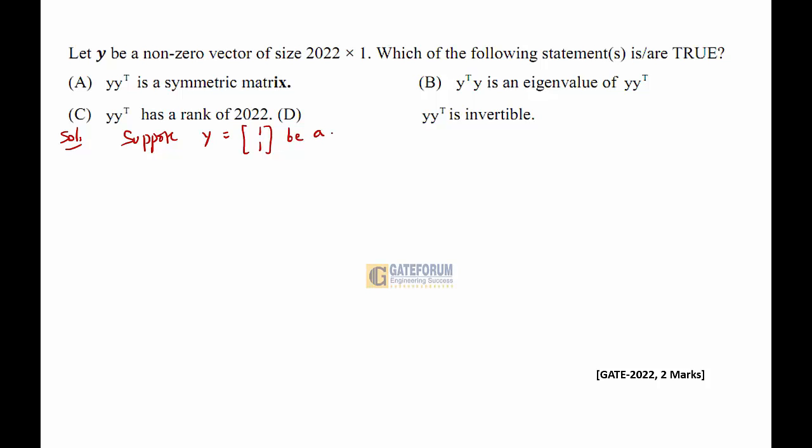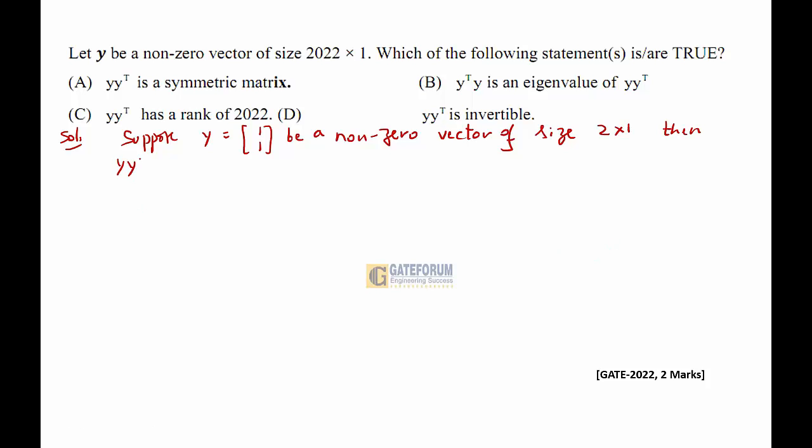At least one element is not equal to 0, so such a vector Y is non-zero, of dimension 2 cross 1. Then let us check the statements one by one.